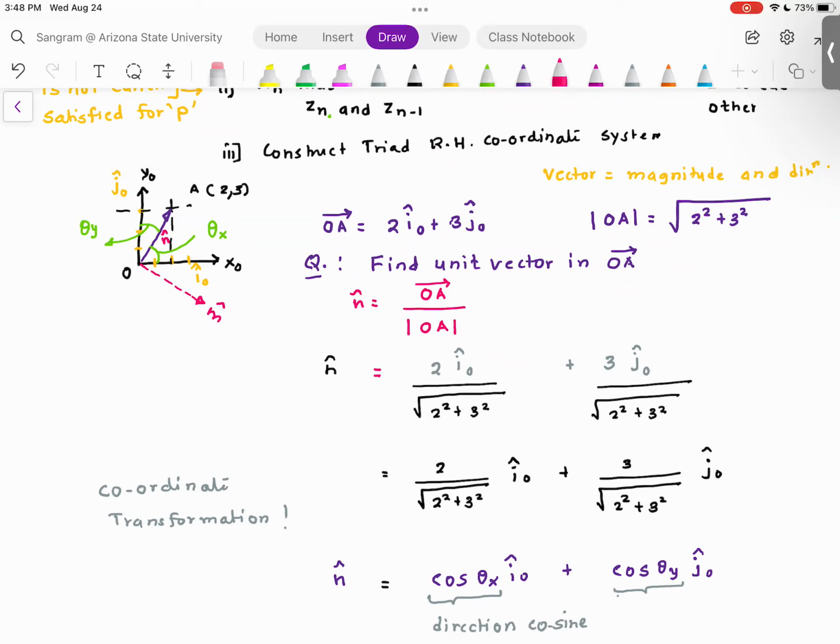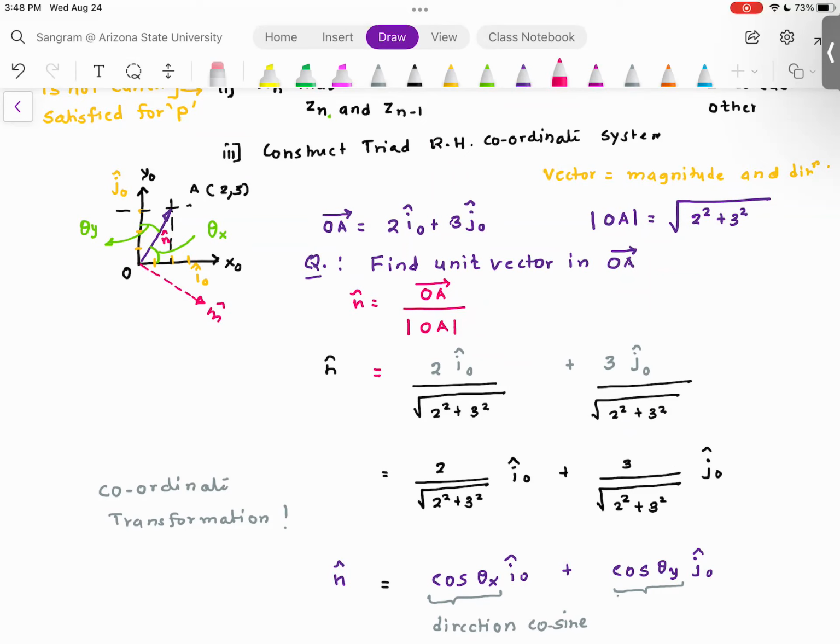Once again, this problem is probably not appreciated much at this point, but I want to emphasize it. I have a point, point A, that has the coordinate 2, 3.